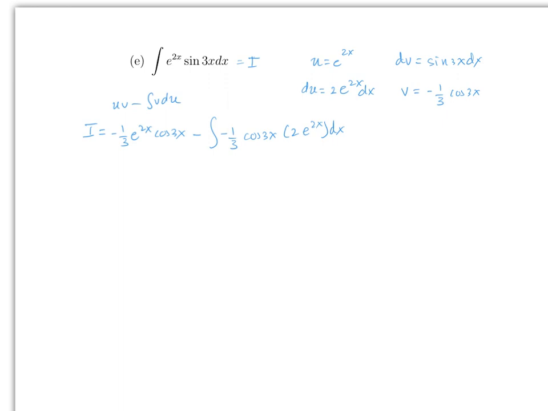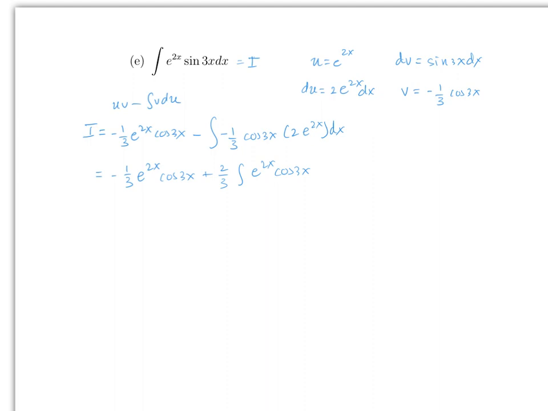So therefore, you simplify this. This is minus 1/3 e to the 2x cosine 3x plus 2/3 the integral of e to the 2x cosine 3x plus c. And you can add the c to the end, so you don't really need it right now.